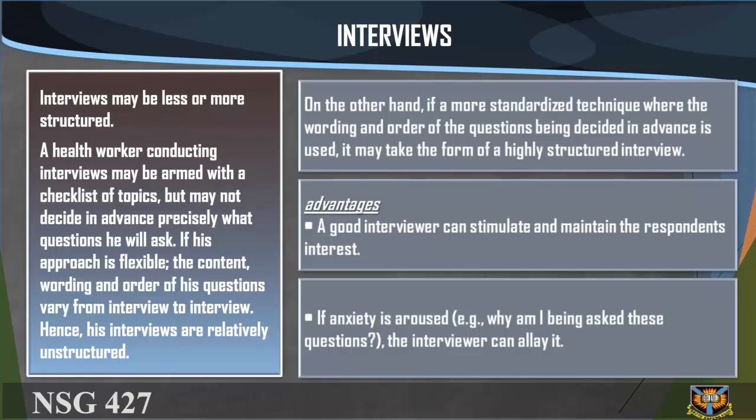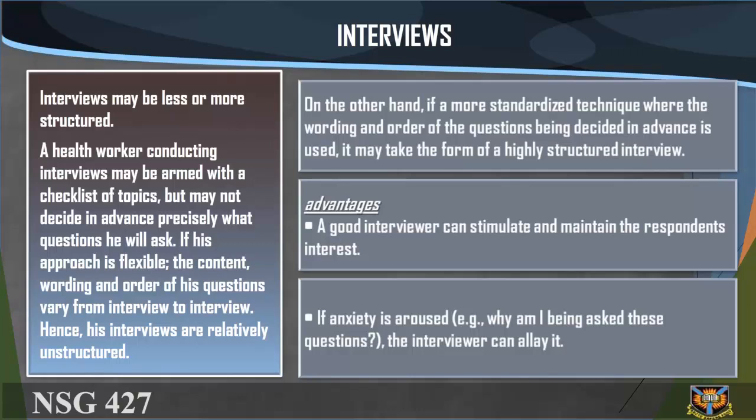Hence, his interviews are relatively unstructured. On the other hand, if a more standardized technique is used, where the wording and order of questions are decided in advance, it may take the form of a highly structured interview.